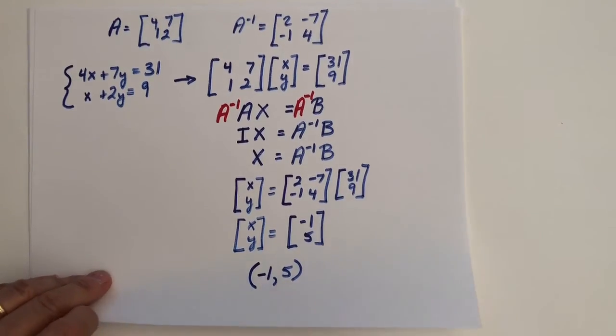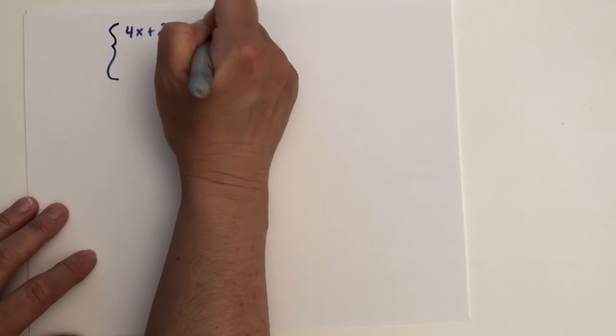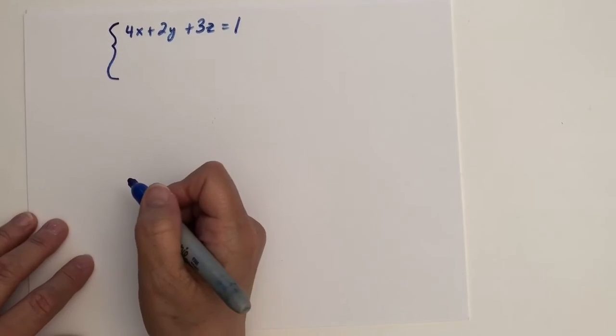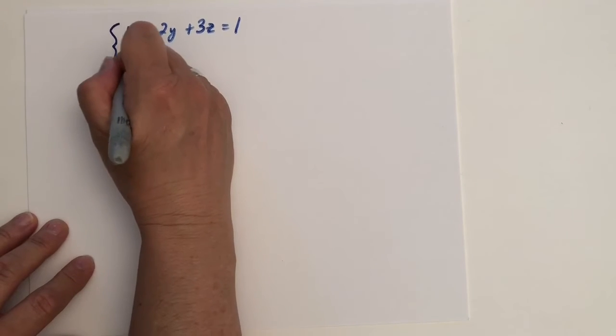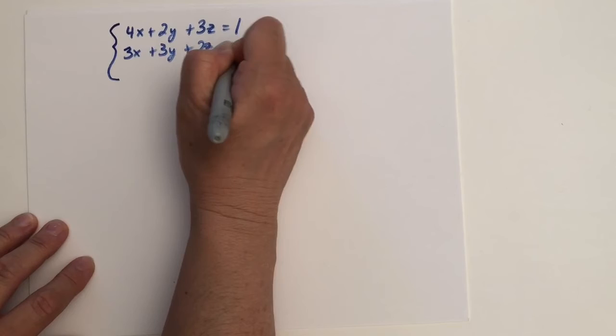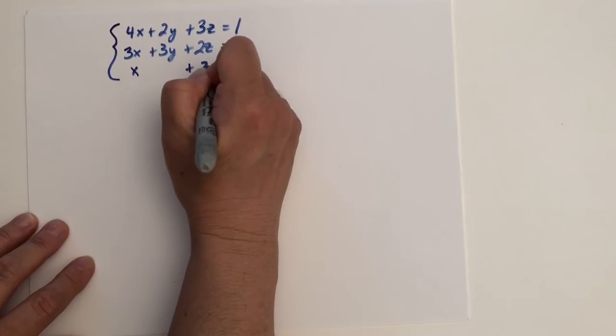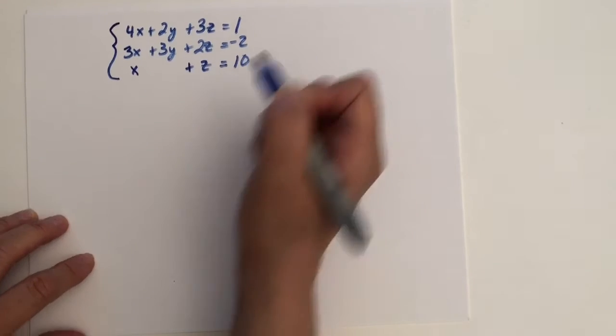Now let's do another one. Suppose we have this system. It is 4x plus 2y plus 3z equals 1. And 3x plus 3y plus 2z equals -2. And x plus z equals 10.